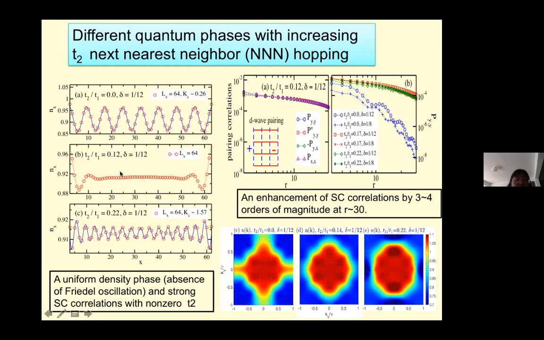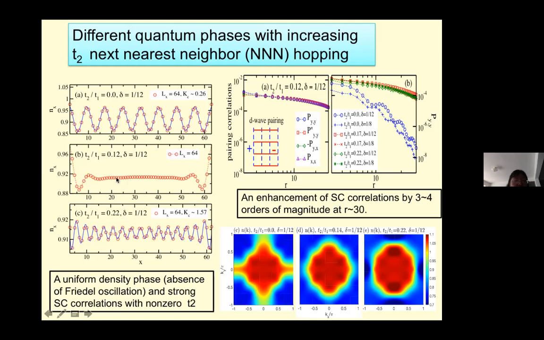Then for T2/T1 around 0.12, where J2/J1 is around 0.014, the charge density changes to something very flat in the bulk.